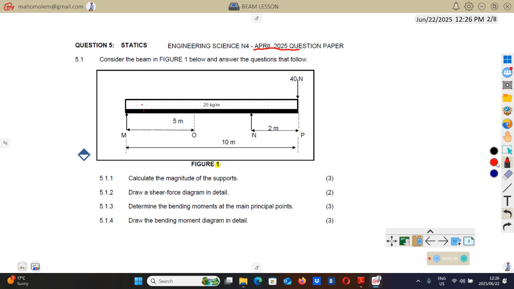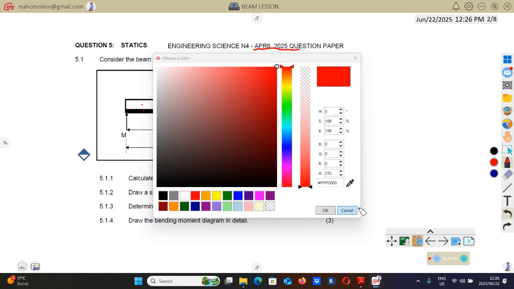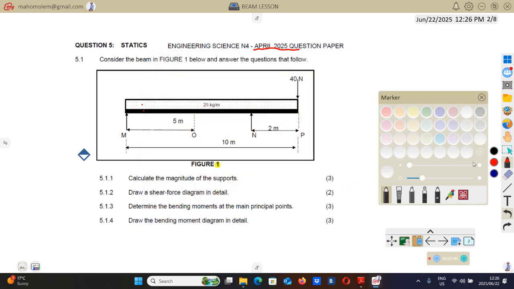So instead of having the UDL, we're going to have the point load, and we have to put that at the midpoint as well.